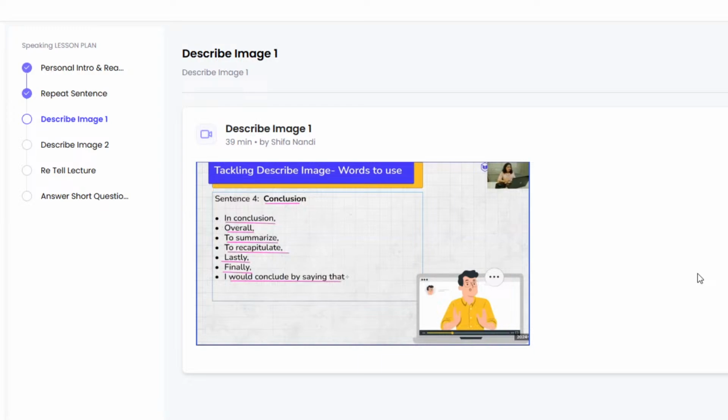Now, in case you see that the progress bar is almost going to end, the time is going to end, then you can just use a very short phrase like in conclusion or overall. Overall would be a good phrase and a very quick one to give your conclusion. However, if you still have time, you can nicely say, I would like to conclude by saying that.